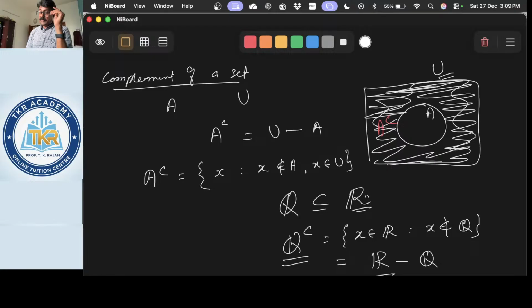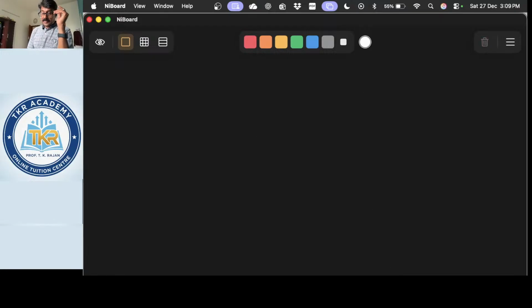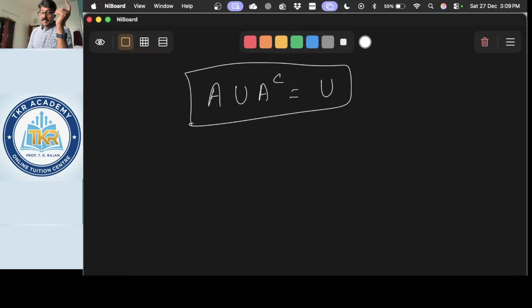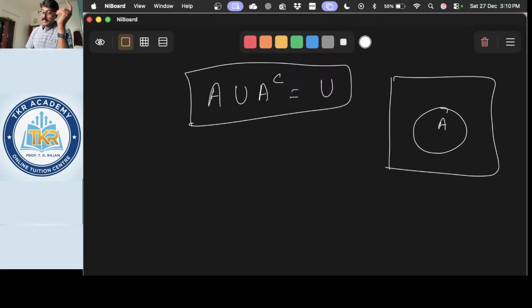Another thing that you have to understand is that if A is any set and A complement is its complement, then their union will be equal to the universal set. It is very clear from the figure. This is A, this part is A complement. Their union is U, the universal set.